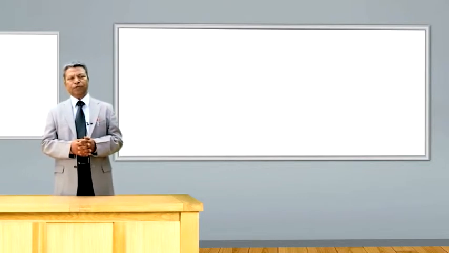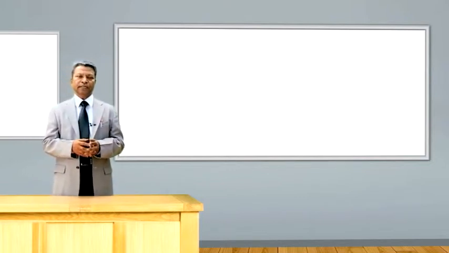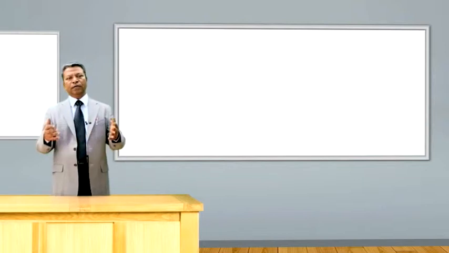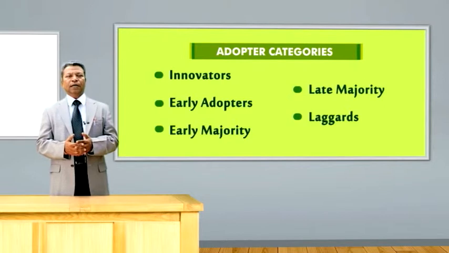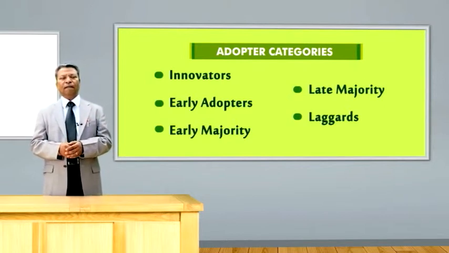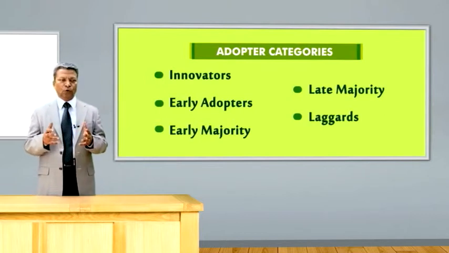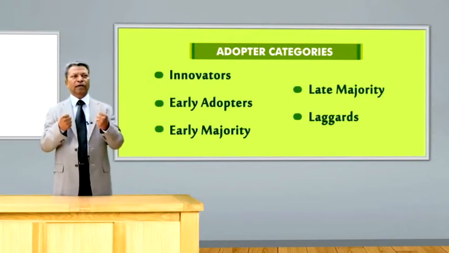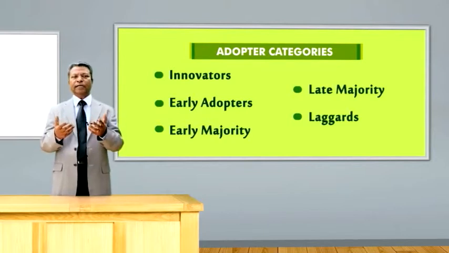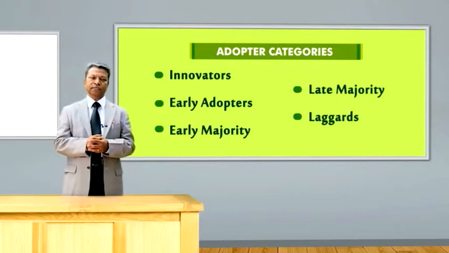The next point which is very important in agricultural extension is to know your clientele. When I talk in terms of farmers and different types of adopters, the adopter categories in agricultural extension are innovators, the farmers who innovate, try the technology, understand it, and immediately adopt it.